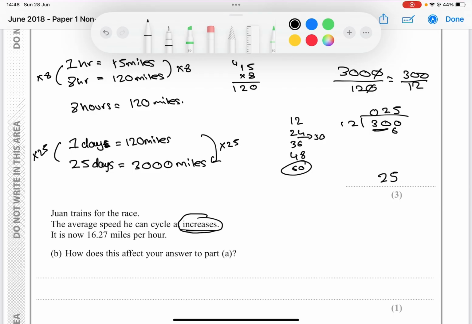So we could just say less days required. Do we have to write an explanation? No, you don't need to do any explanation. You can just write less days required. Okay? Perfect.